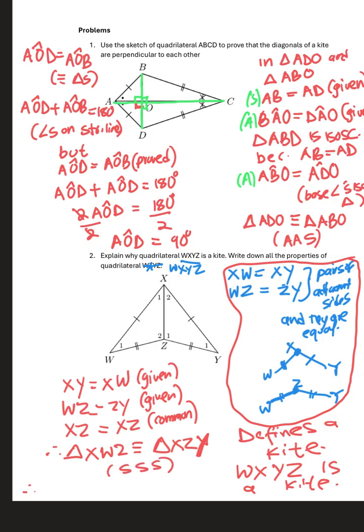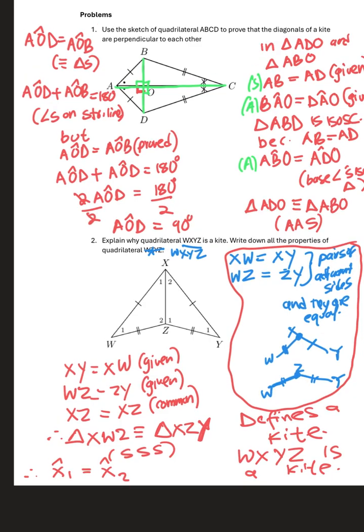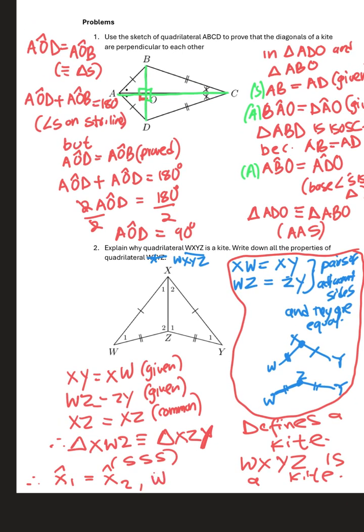Therefore we can conclude that angle X1 is equal to angle X2, and angle W1 is equal to angle Y1.